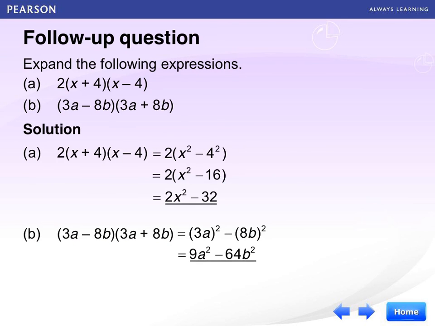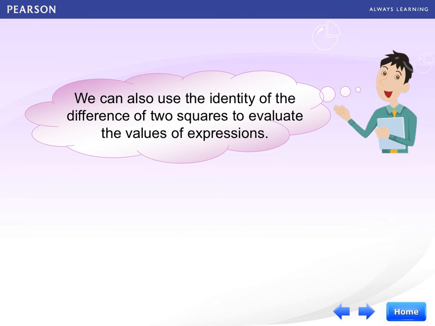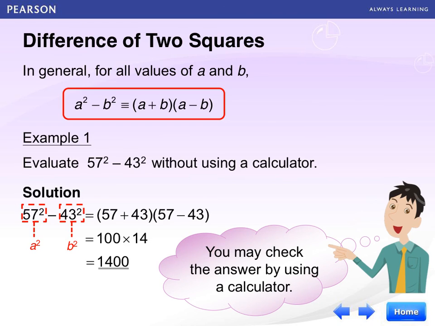And here are some more examples, and you can read them by yourself. And also, just like before, we can use the identity to solve some expressions. When it is square minus square, you can turn it into the a plus b and a minus b format. Then you find that the calculation is faster.